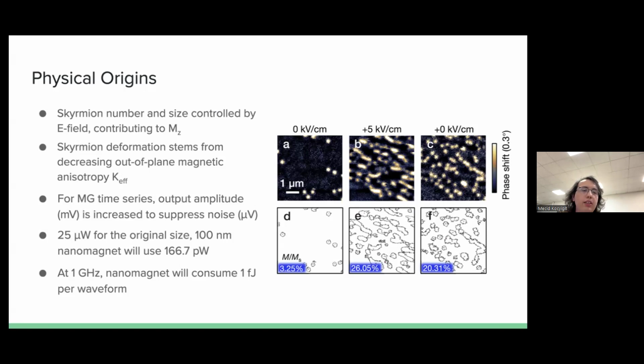But they suggest that a 100 nanometer nanomagnet device will use, from basic calculations, nearly 150 picowatts, and at 1 gigahertz this nanomagnet system will consume 1 femtojoule per waveform, and this means an insanely low, ultra-low energy consumption.